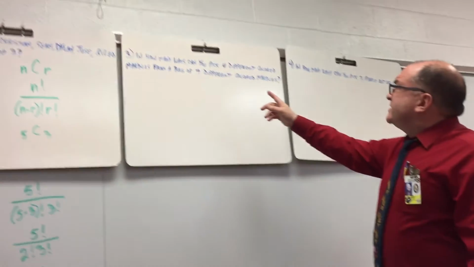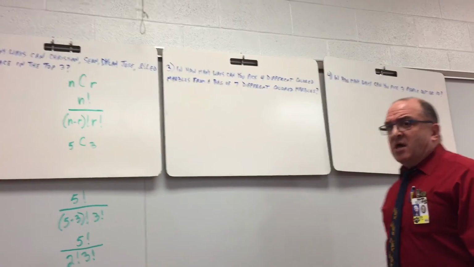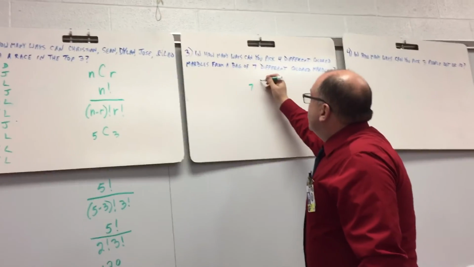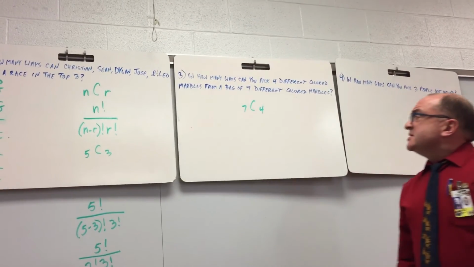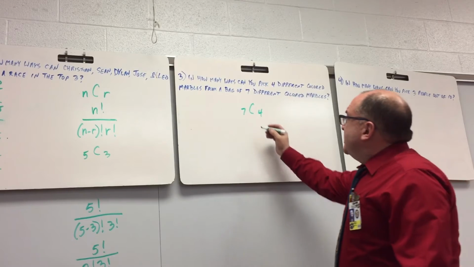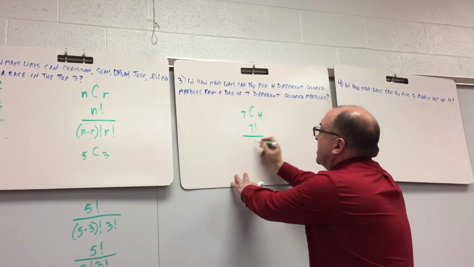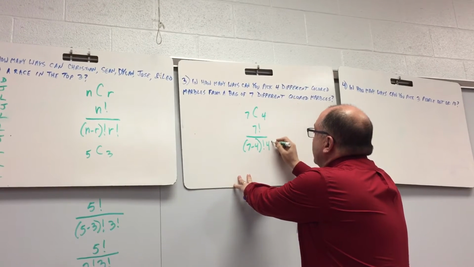In how many ways can you pick 4 different colored marbles from a bag of 7 different colored marbles? That's simply going to be 7C4. Okay? 7C4 is going to be 7 factorial divided by 7 minus 4 factorial times 4 factorial.